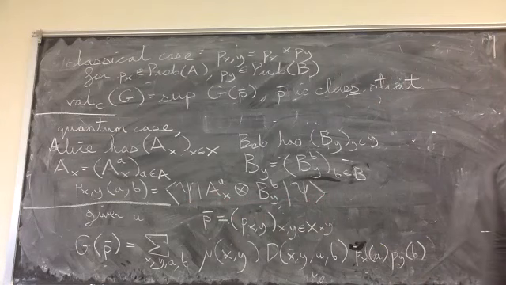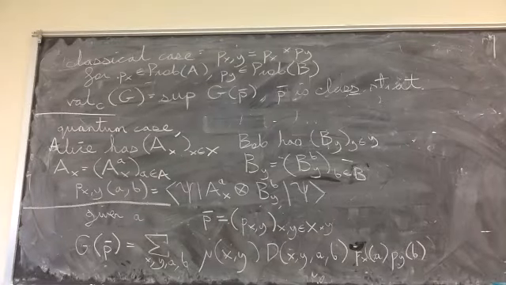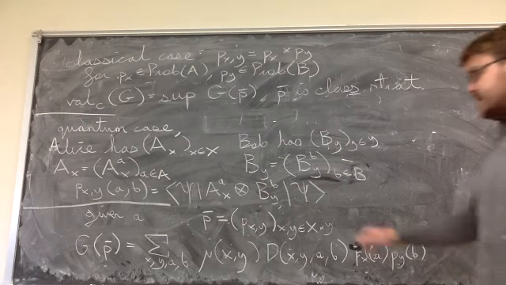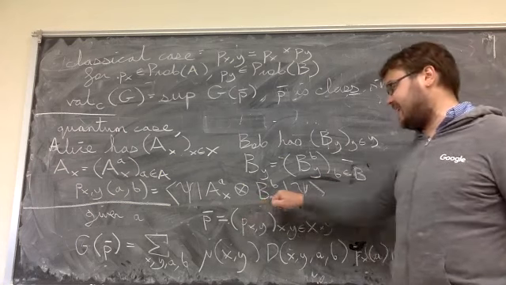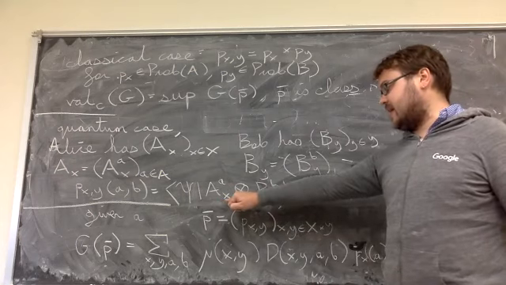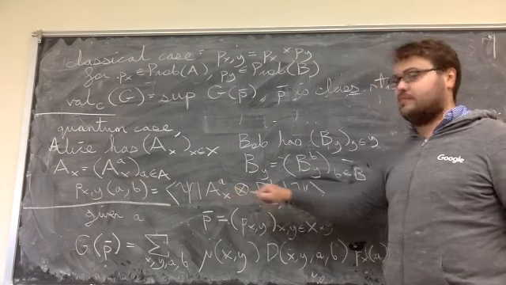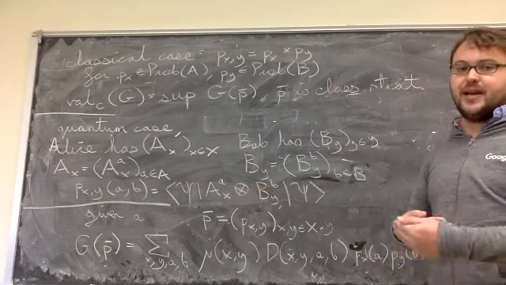The idea is that in the quantum case, as part of their strategy, Alice and Bob are allowed to exploit the phenomenon of quantum entanglement to get around spatial restrictions. So psi is like some particle that's entangled between them, and the tensor product here indicates that they're still measuring it in a spatially separated way.